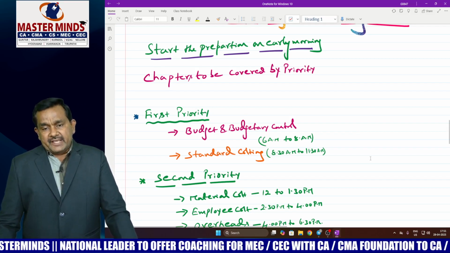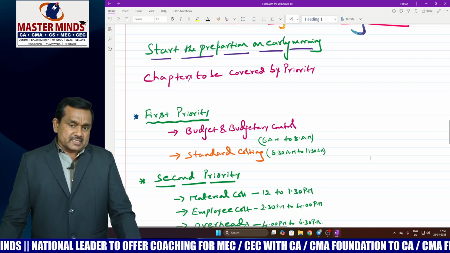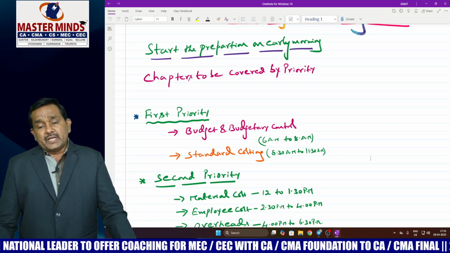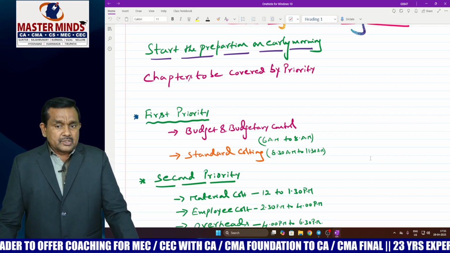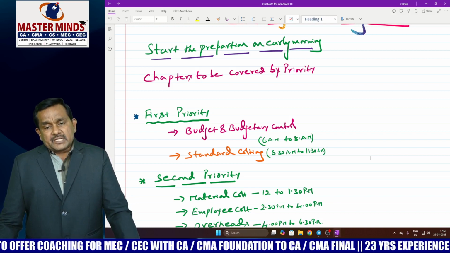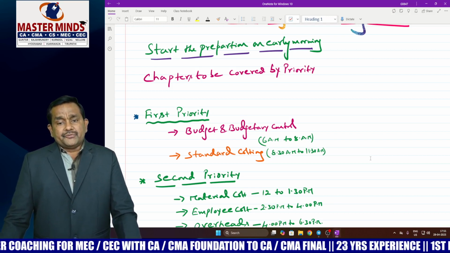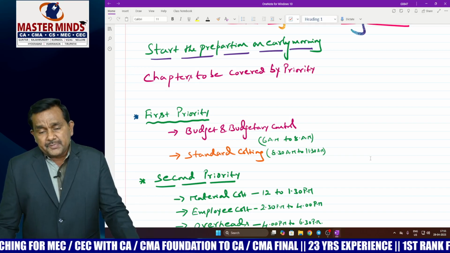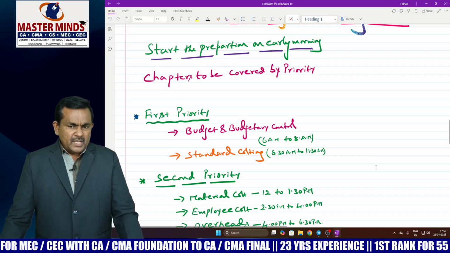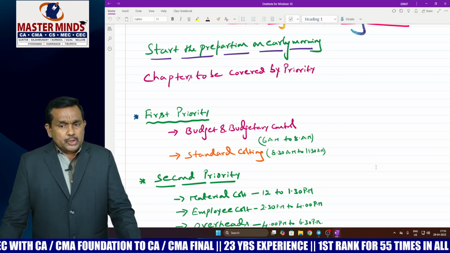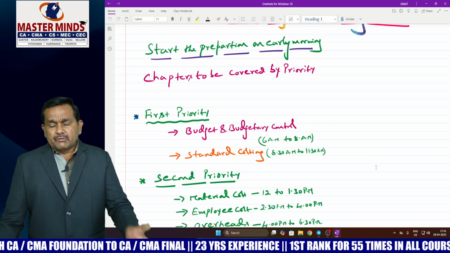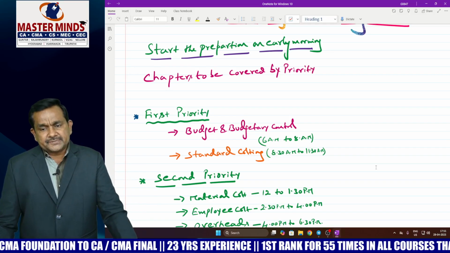Next, overhead variances. In overhead variances, two segments are variable overhead variances and fixed overhead variances. From the examination point of view, fixed overhead variances are very important. At the primary stage, volume variance and expenditure variance equal the fixed overhead cost variance.